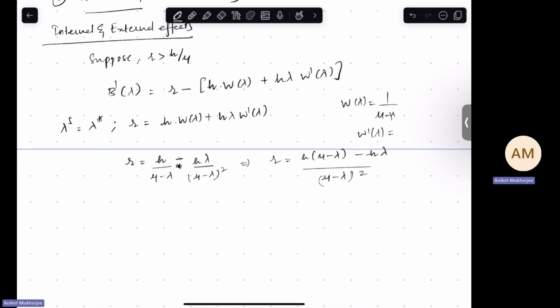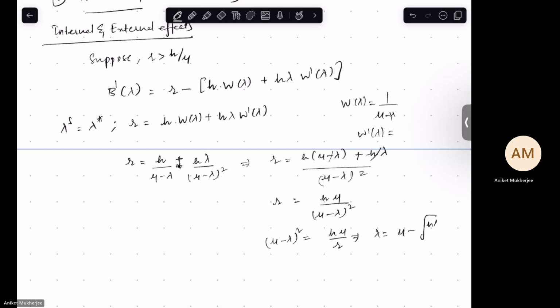This was our lambda star. So we found lambda star when we equated these both.